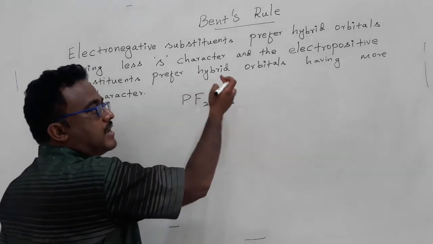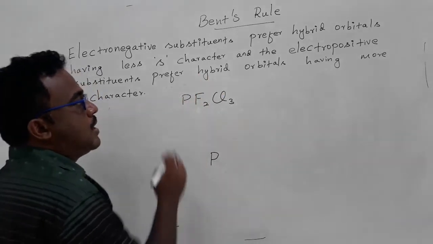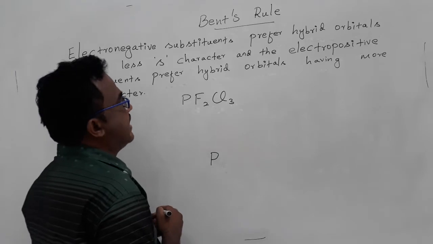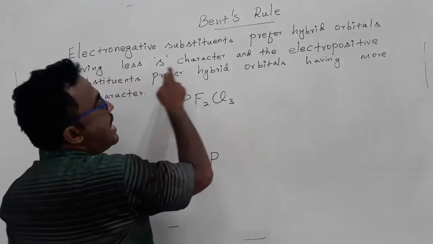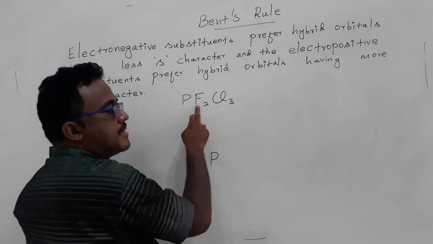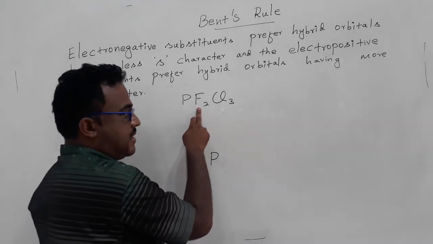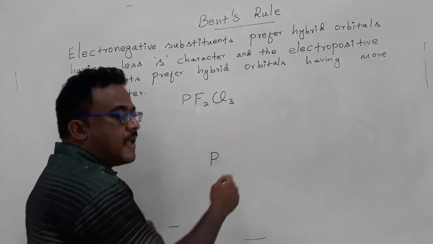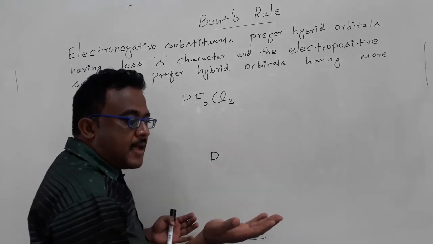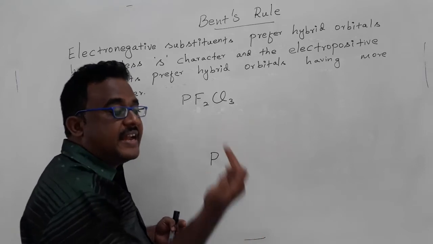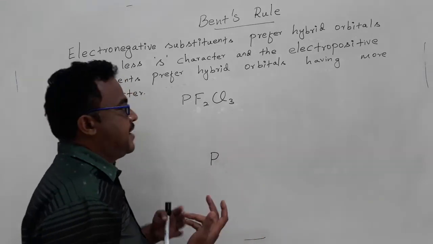If we completely understand Bent's rule, from Bent's rule it is very clear that electronegative substituents prefer hybrid orbitals having less s character. Fluorine is an electronegative substituent that should prefer less s character. The xy plane has sp2 hybrid orbitals and the z axis has pd hybrid orbitals.